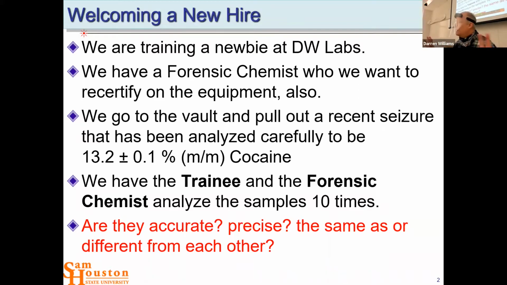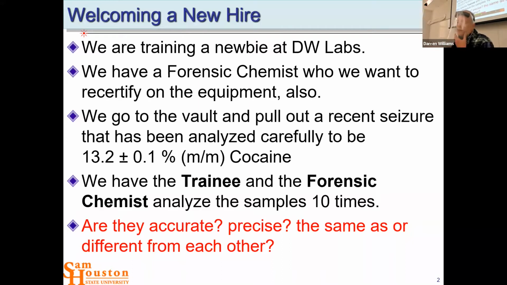So the technical term is the accepted value for the concentration of cocaine in this set of samples. And so we have the trainee and the forensic chemist analyze these samples 10 times. So each person has 10 data points, and we're going to analyze those 10 data points the whole time.